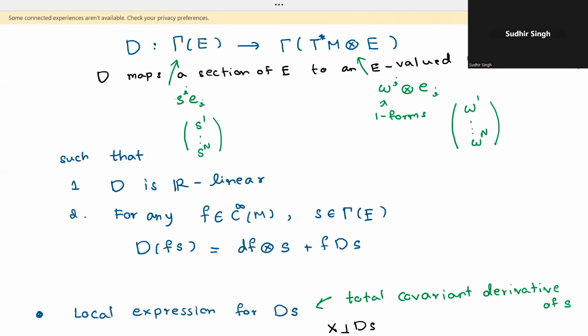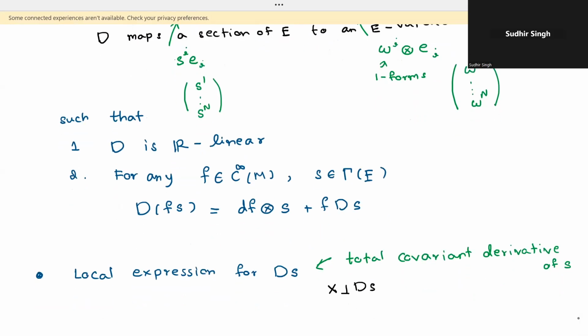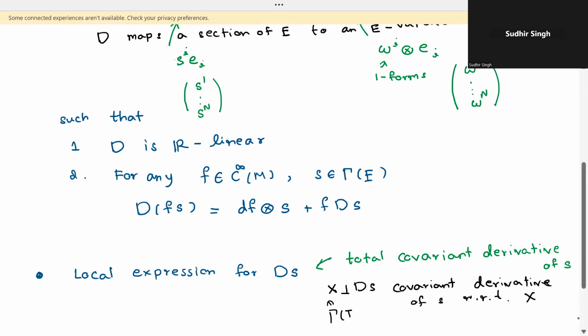This is called the covariant derivative of s with respect to the vector field X, where X is a section of the tangent bundle.